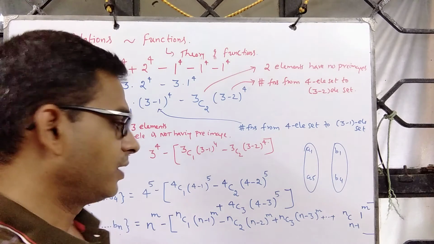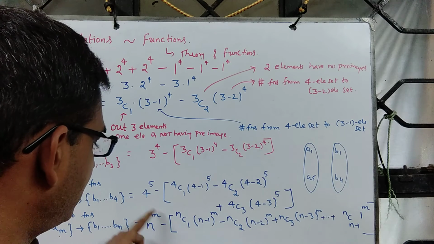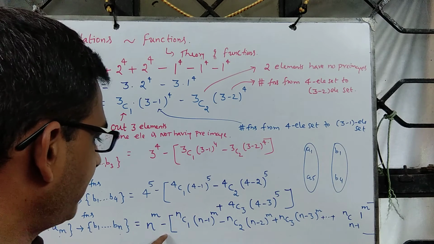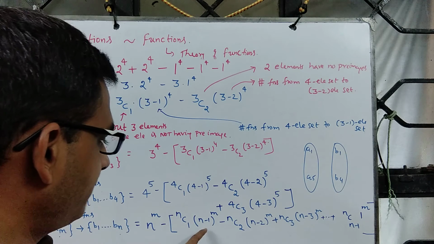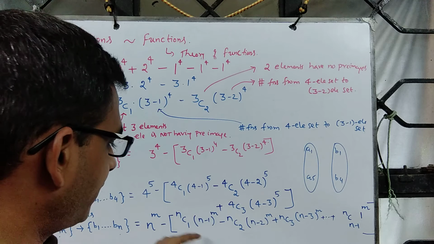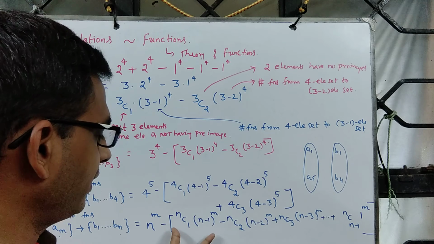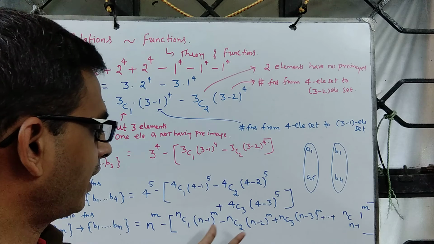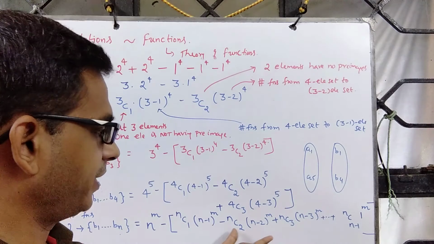Fine. So now you see that the total number of functions is n power m minus n choose 1 times all this, which tells you that exactly one element is not having a pre-image, and then exactly two elements are not having pre-images.